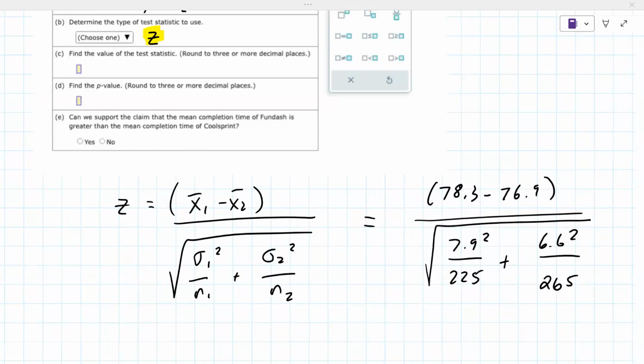I get 2.106 for that one. So that's part C.